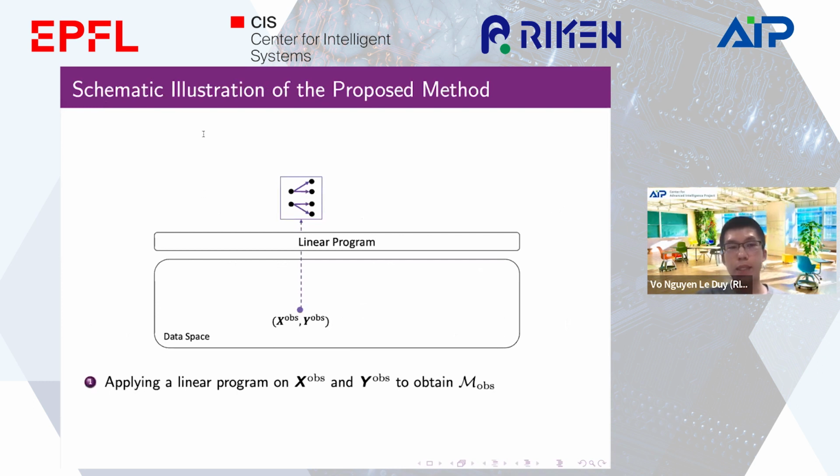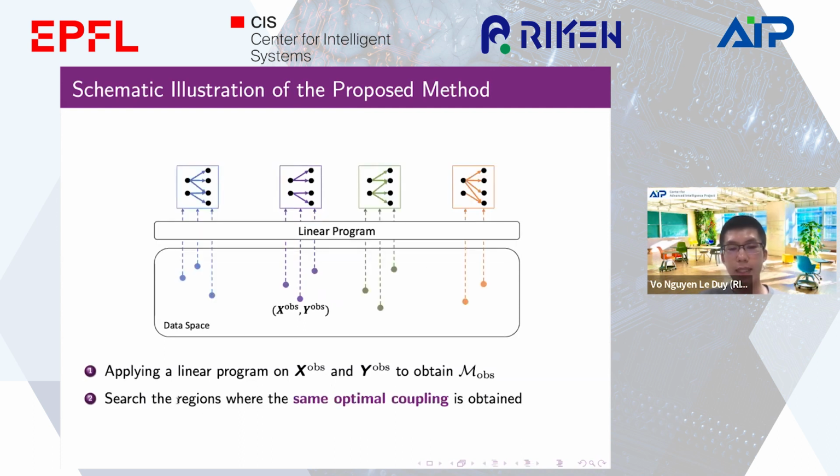So this is the schematic illustration of the proposed method. First, we observe the observed data x observed and y observed. Then we apply a linear program to the observed data and obtain the optimal coupling. After that, in the second step, we search for the region where the same optimal coupling is obtained. Here, for the purple point, we obtain the same optimal coupling as the observed data.